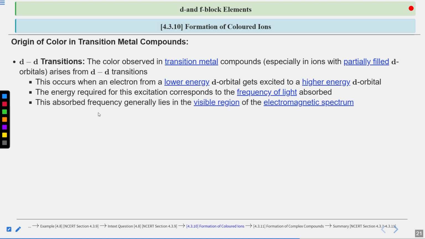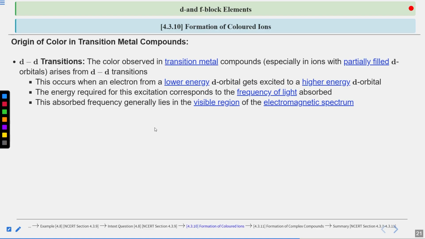Now, this absorbed frequency generally lies in the visible region of the electromagnetic spectrum. Now, the electromagnetic spectrum you have covered at the very starting of the chemistry level, right? There are many regions present in the electromagnetic spectrum, one of which is the visible region, where you can see the various colors with your naked eyes.